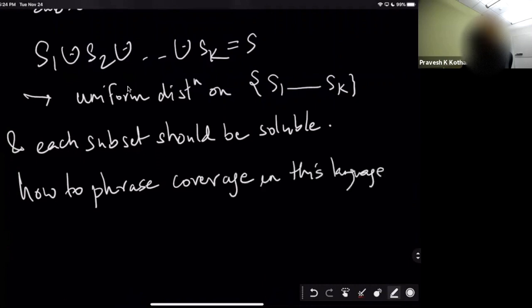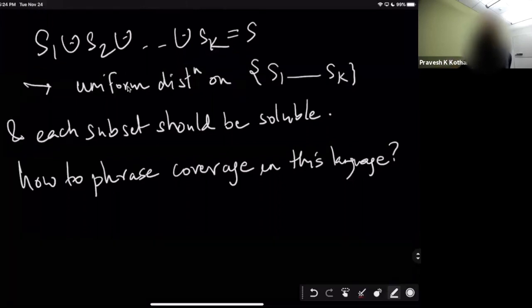So now we want to force coverage, that is, the fact that every equation is covered in one of the sets in the partition. This is the property we want to capture. We want to phrase it as a property of the distribution mu.